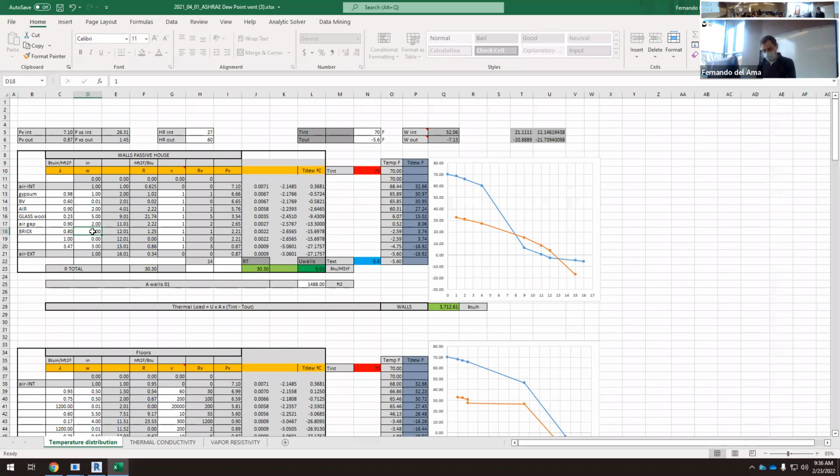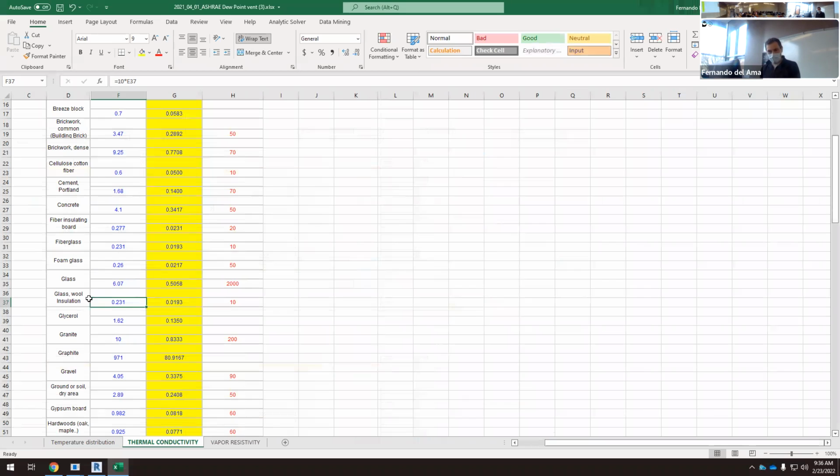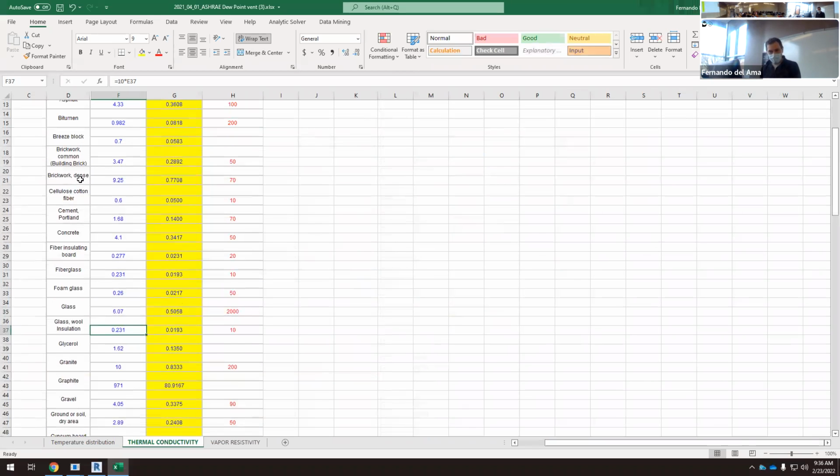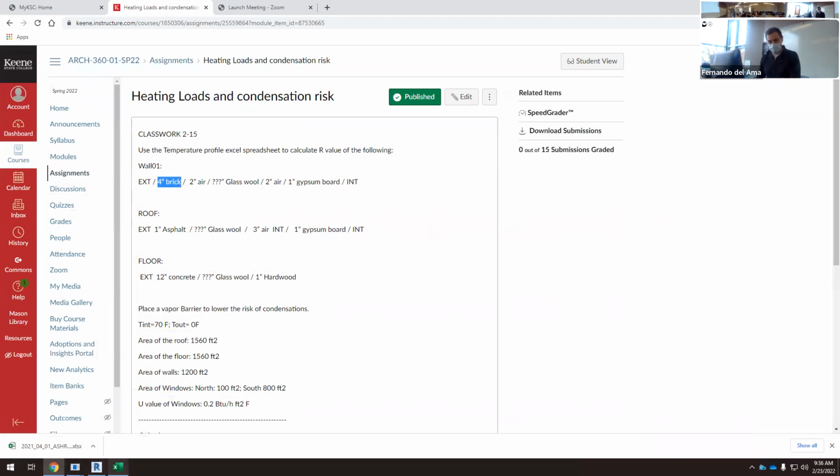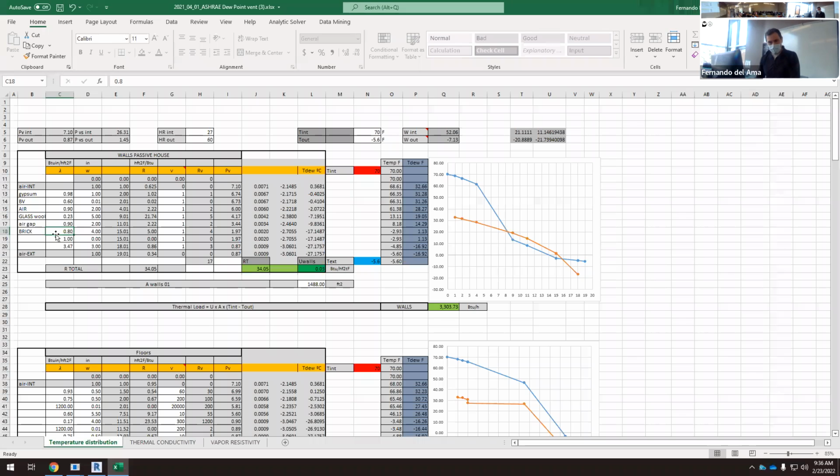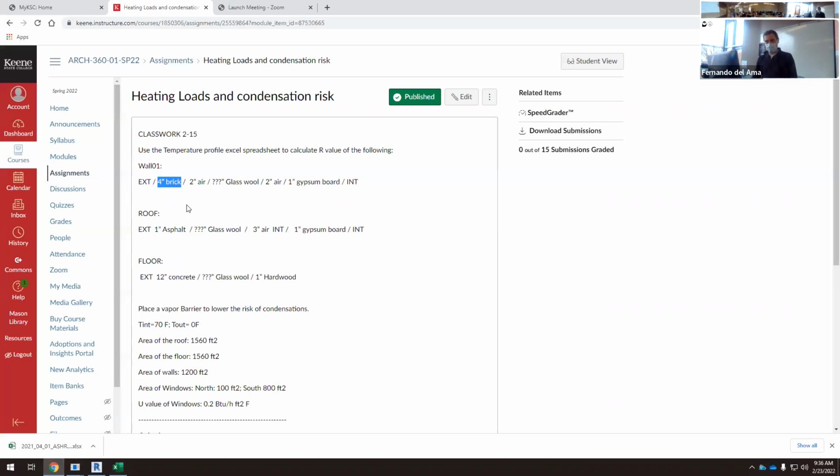The width is 4 inches, and the thermal conductivity of the brickwork common is 3.47.